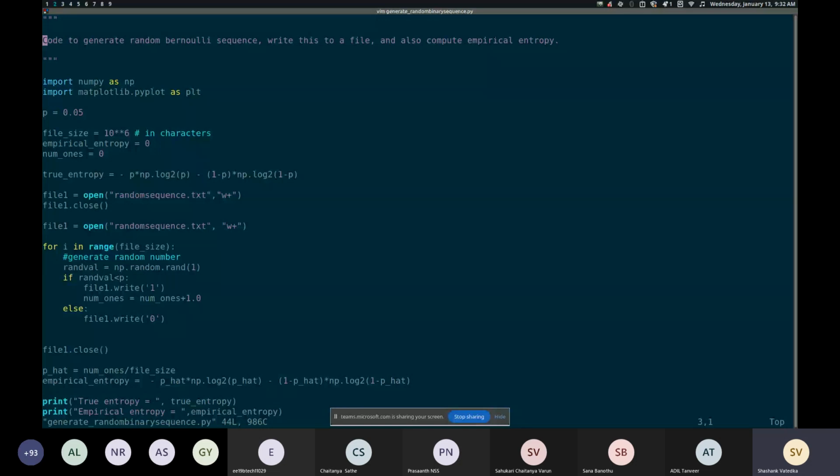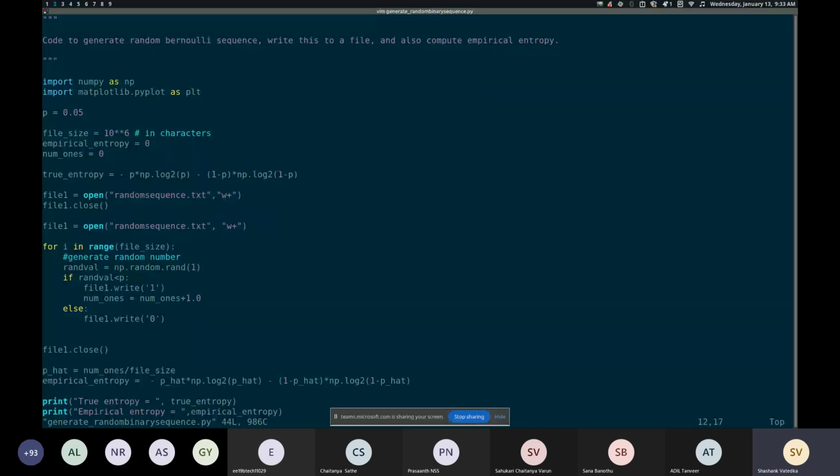The probability of whether it's going to be a zero or a one is this variable p, and by changing p, I can change the amount of randomness in the source. I'm going to generate 10 to the 6 bits, so a million bits, and store it in a text file. Let's see what happens.